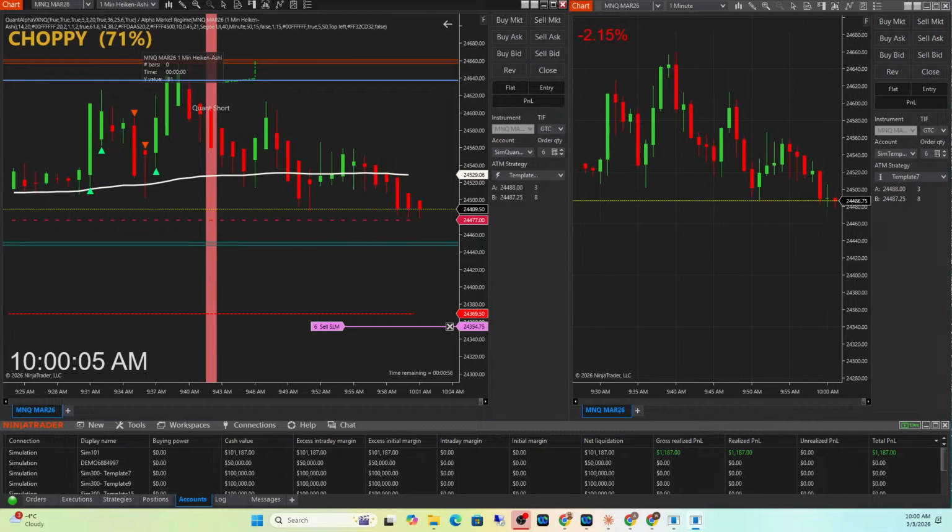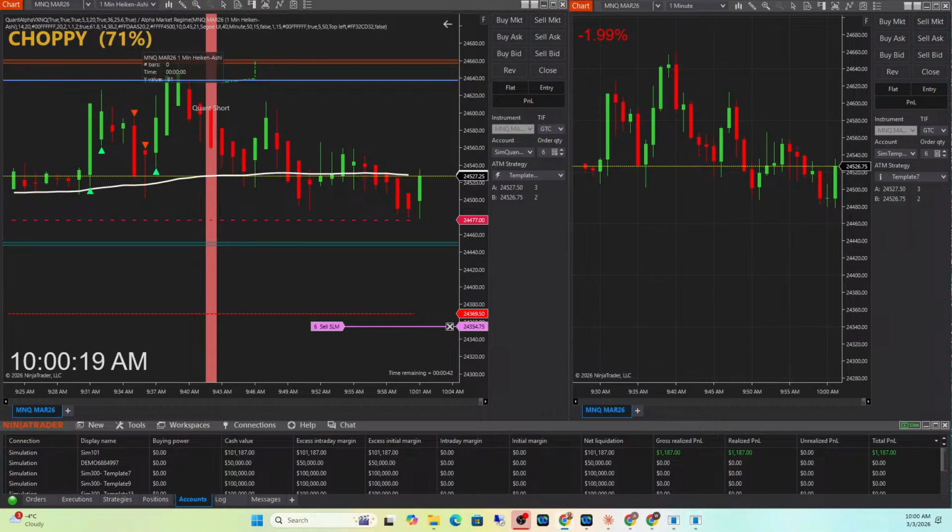10 a.m. now, so we see some volatility. Wonder if there's news today. One second. Yeah, we have the ISM services PMI at 10 a.m. It didn't come yet.